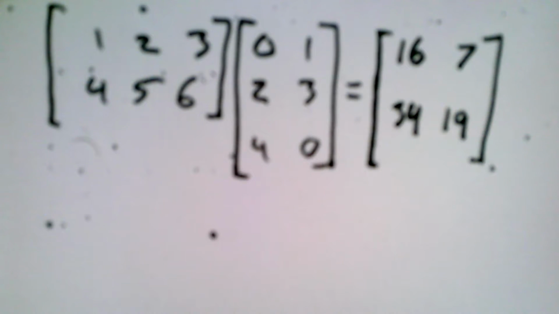Okay, so now let's talk about another thing that matrices have. We talked about reducing matrices, adding matrices, and multiplying matrices. Now we're going to talk about determinants of matrices.